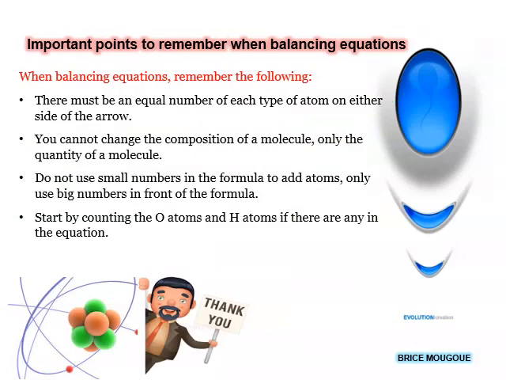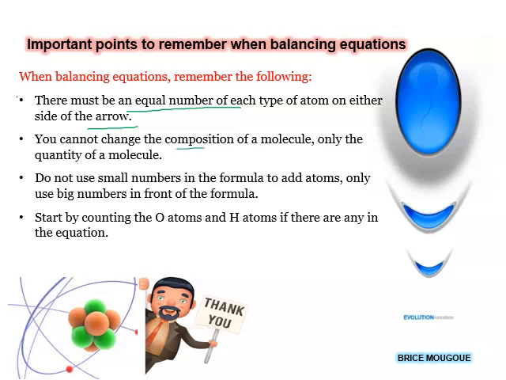A few points to remember when balancing chemical equations. The first one, remember the following. There must be an equal number of each atom on each side of the arrow. So you look at the left side and you look at the right side, and make sure that the number of atoms for each element is balanced.